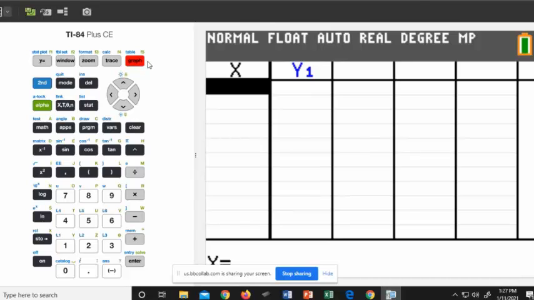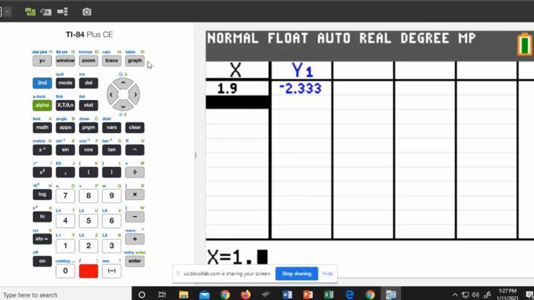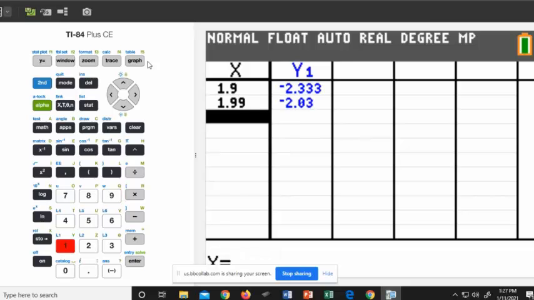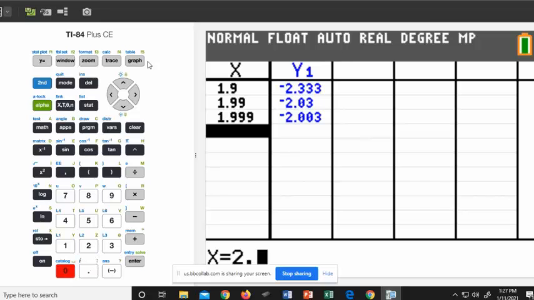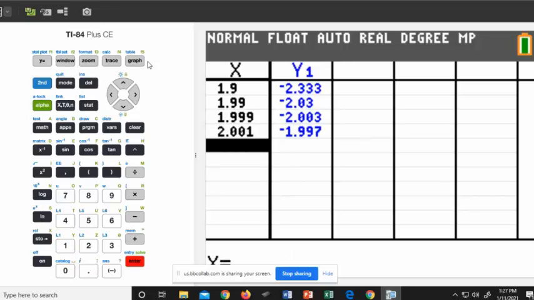Okay, and so what this will show is probably nothing. But here's where I can type any x value in, and it will tell me the corresponding y value. So the first one, 1.9, then 1.99, 1.999. Good. Then going from the other direction, 2.001.